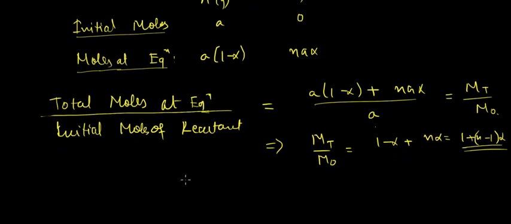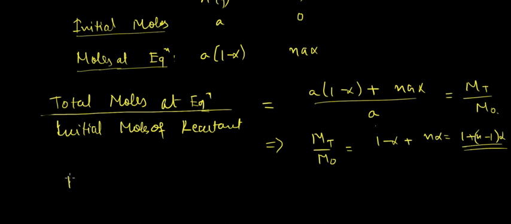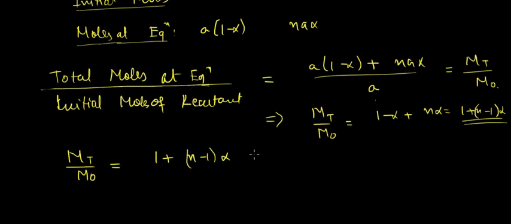Okay, so from here, let's suppose we know MT by MO, and we want to get the value of alpha in terms of MT and MO.